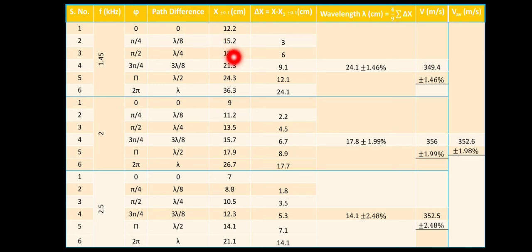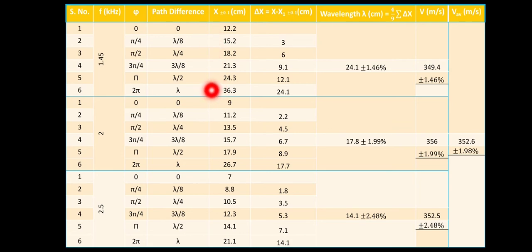So the actual path difference is obtained by subtracting the position of 0 phase difference from the positions of pi by 4 and all the other phase differences. So the actual path difference for pi by 2 phase difference is obtained by subtracting this value from this, this value from this, and so on.